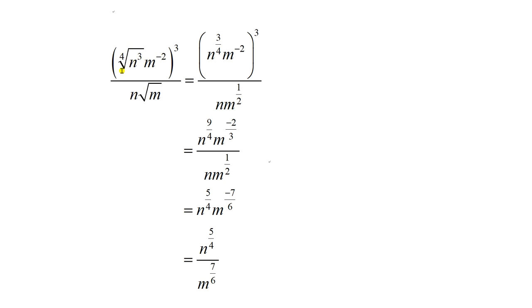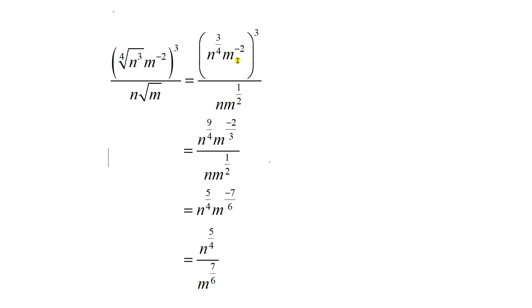So we need to simplify the root sign and then change it into index. So that is n to the power 3 and then 1 over 4. So finally, that's n to the power 3 over 4. That's a 4th root, so the index will be 1 over 4, and multiply by this 3, so the index will become 3 over 4.